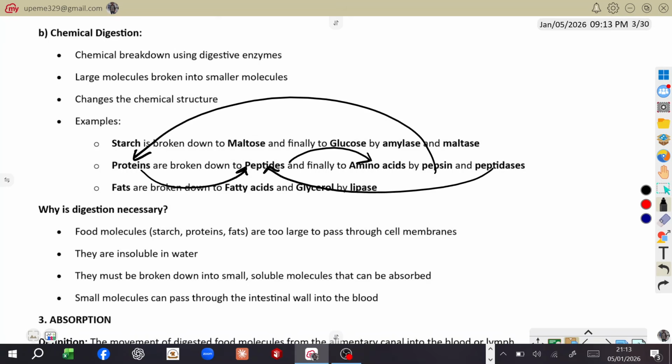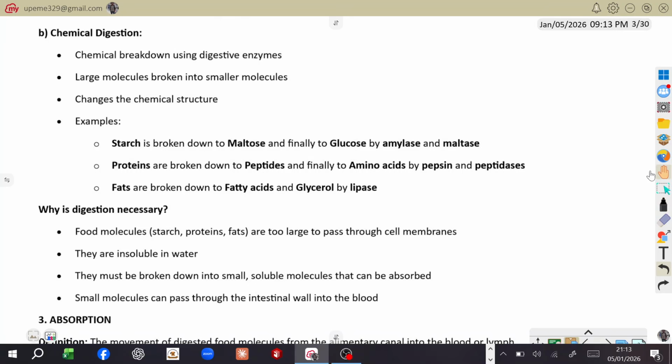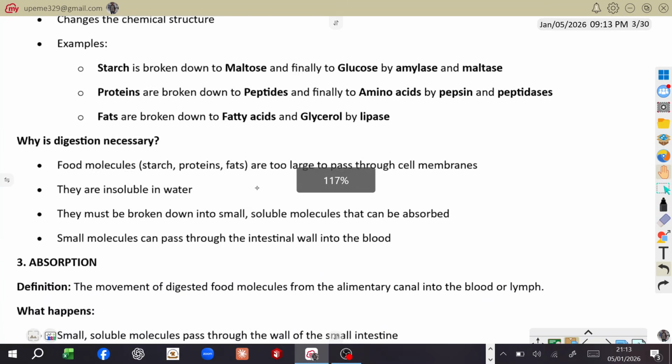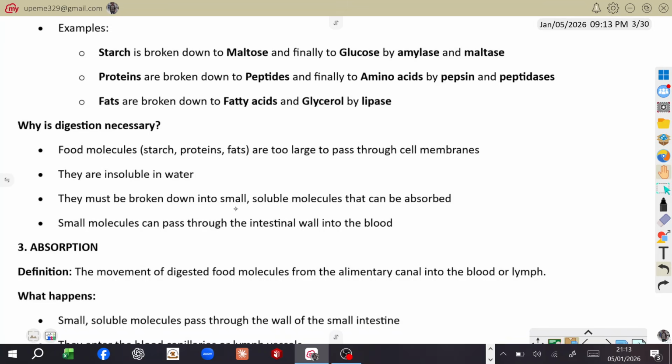This will be taken care of as we look at digestion of different nutrients. So this is just a preamble to show you examples of chemical digestion.